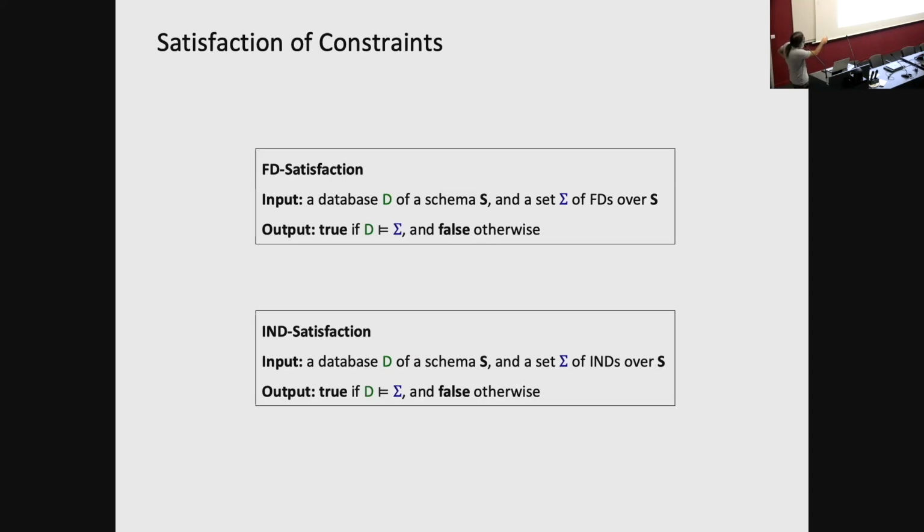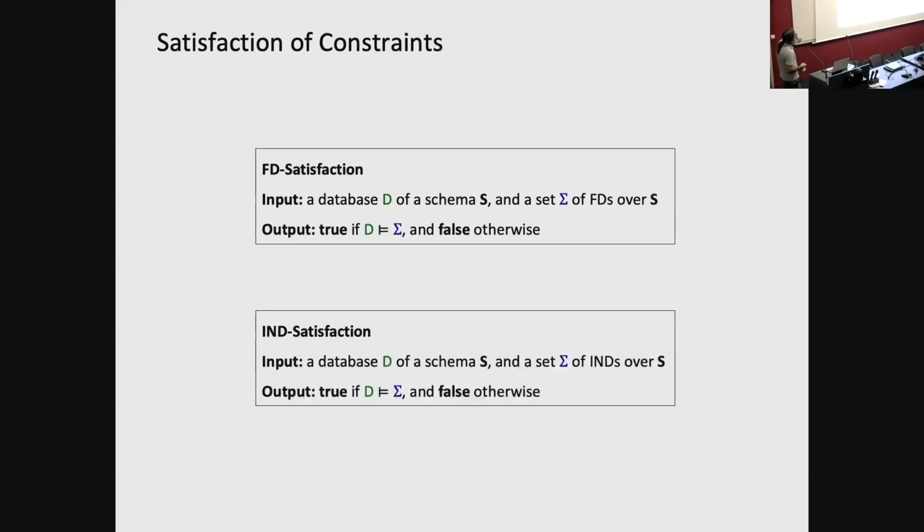What we get as an input is a database of a certain schema S and a set sigma of functional dependencies over S. It's just a given set of functional dependencies. And the question now is whether the database satisfies sigma. That's it. And I can define exactly the same problem for inclusion dependencies.